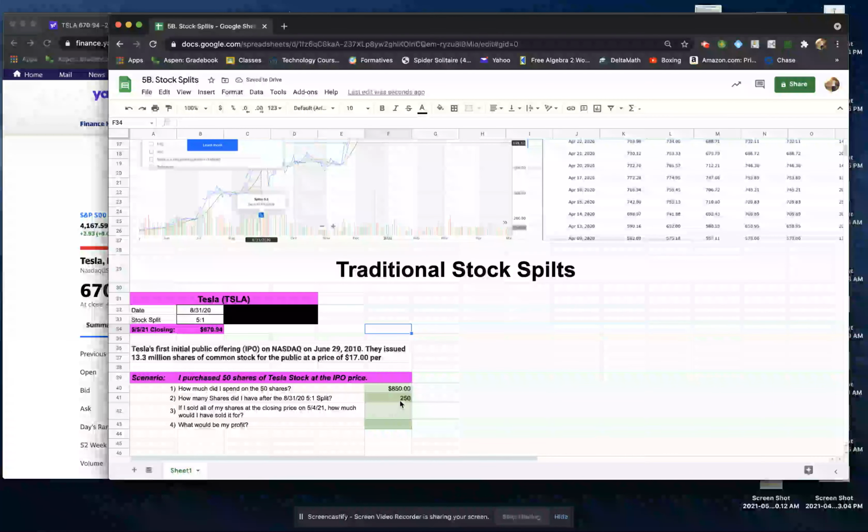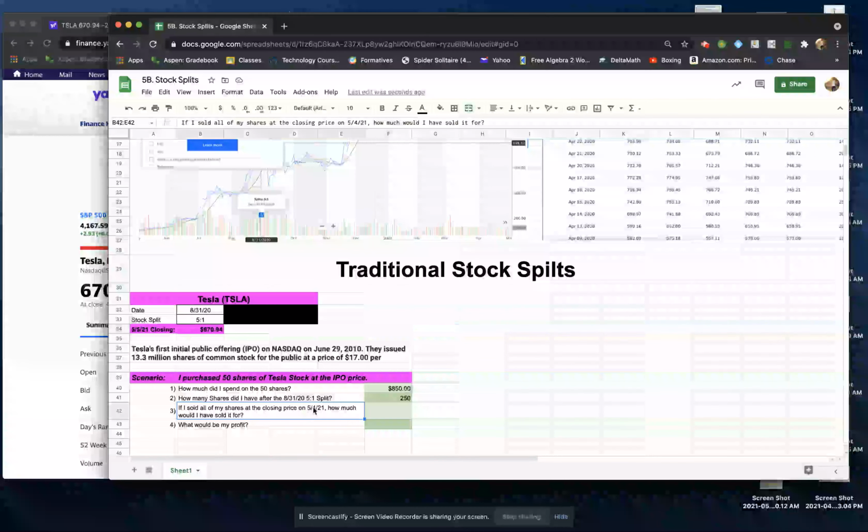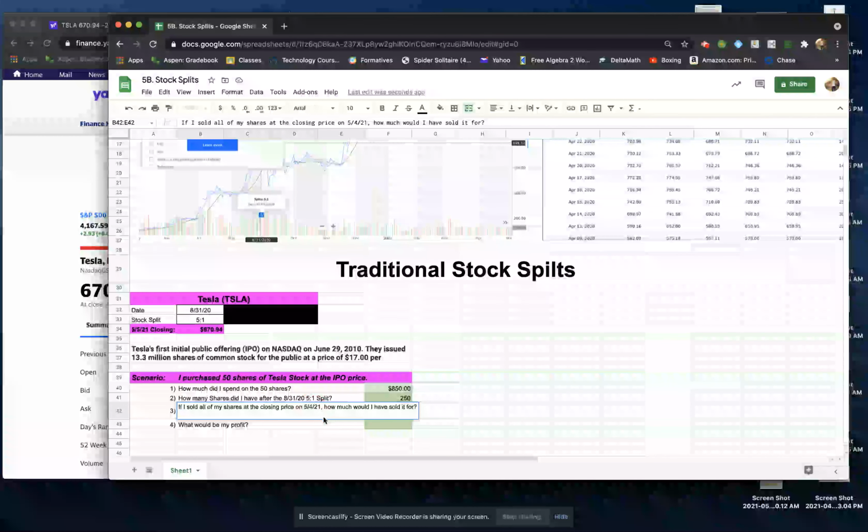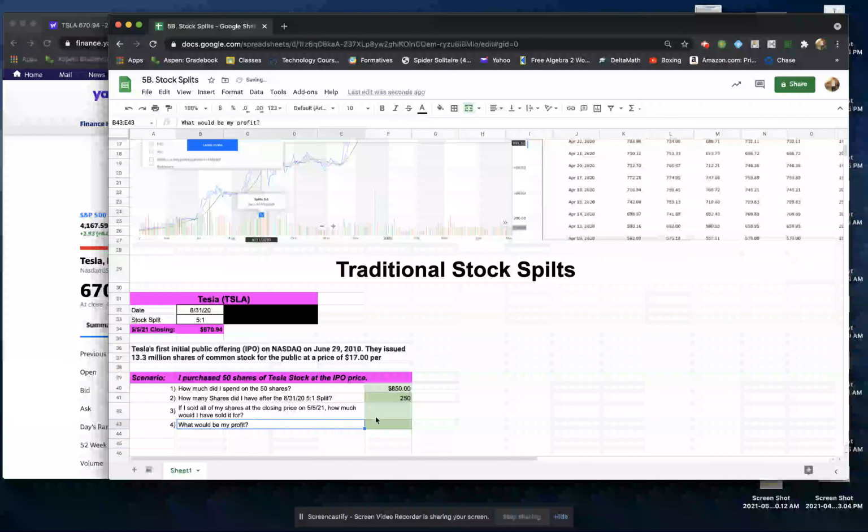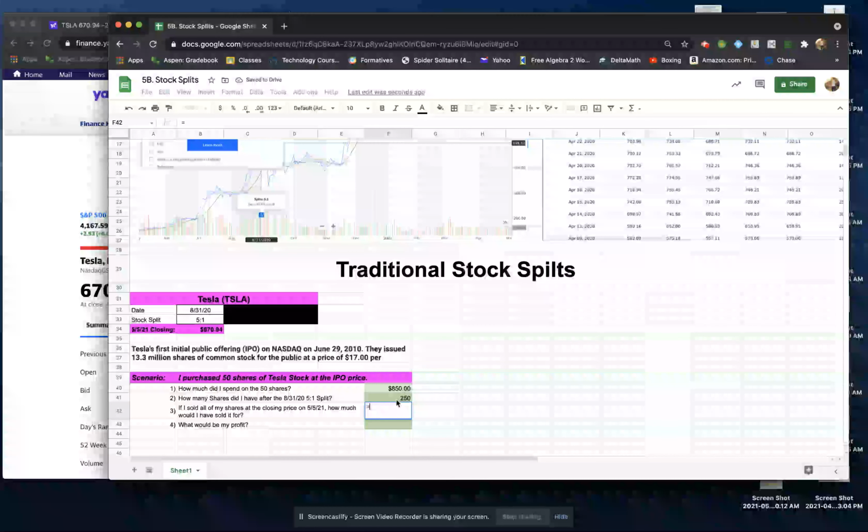So the question is, if I sold all my shares at the closing price, let's go with 5521, not the 54. Yours will say 55. That would be equals, click on your shares, and you're going to multiply it by the closing price. So if I sold my shares yesterday, the original 50 I bought turned into 250 because of that stock split.